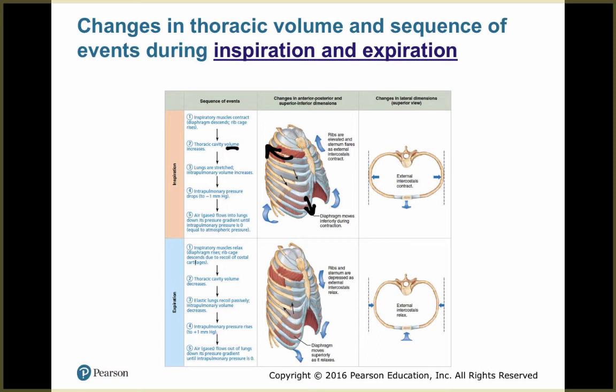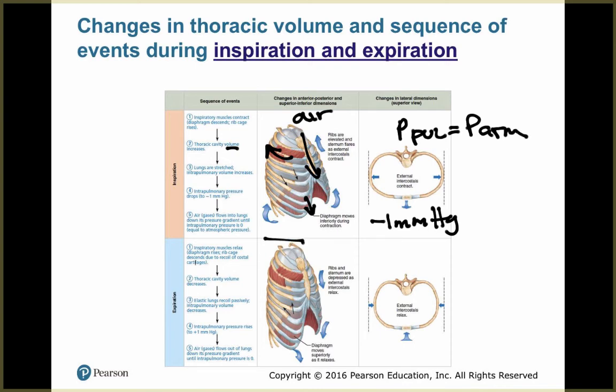The lungs are then stretched and the intrapulmonary pressure drops by 1 millimeter of mercury. That allows air to come in, and air will go down its pressure gradient until P pul equals PATM. And so that's inspiration.